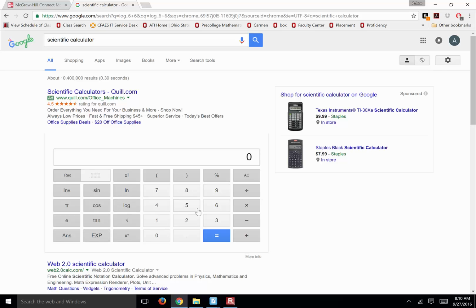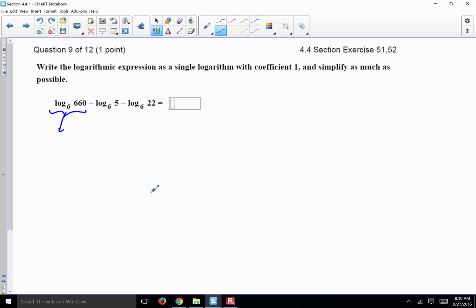It doesn't have other logarithms. It just has log base 10. So you see, you can't even do that. But what I'm trying to show here is that the numbers you get here will be approximate.